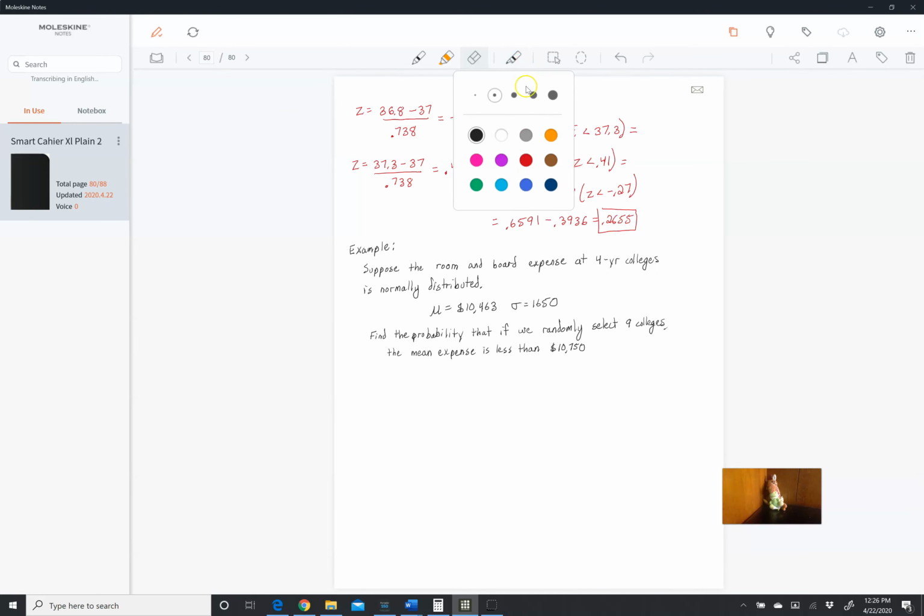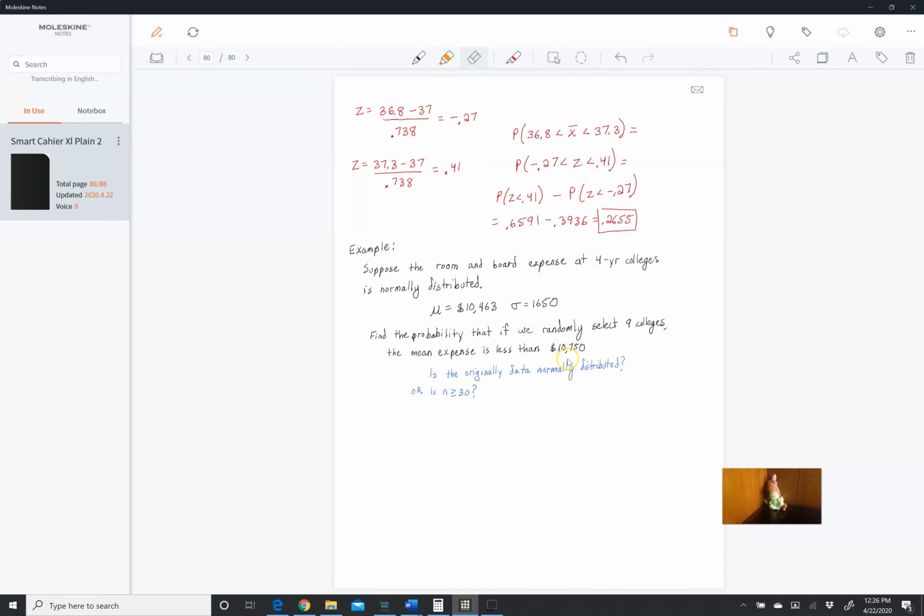We need our checklist. Okay? So our checklist is: is the data normally distributed, or is n greater than or equal to 30? So let's go to our checklist.